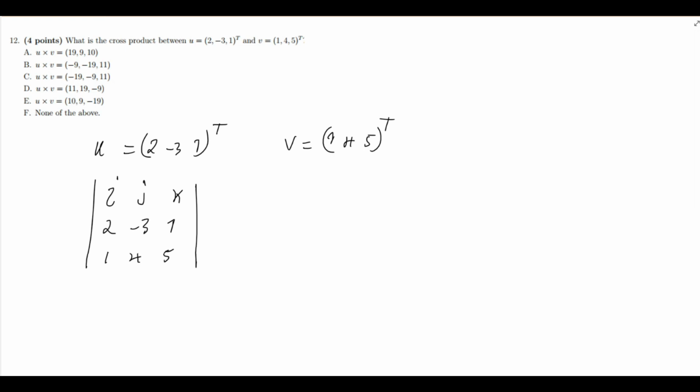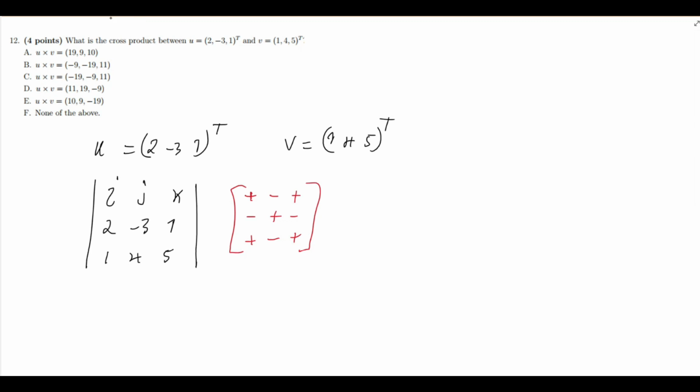We also have to keep in mind that for the determinant of a matrix, there is this polarity we need to consider. Whenever we are looking for the determinant, each of these elements has a polarity: positive for the first row, first column, negative for the second, and so on. So we have to know this.